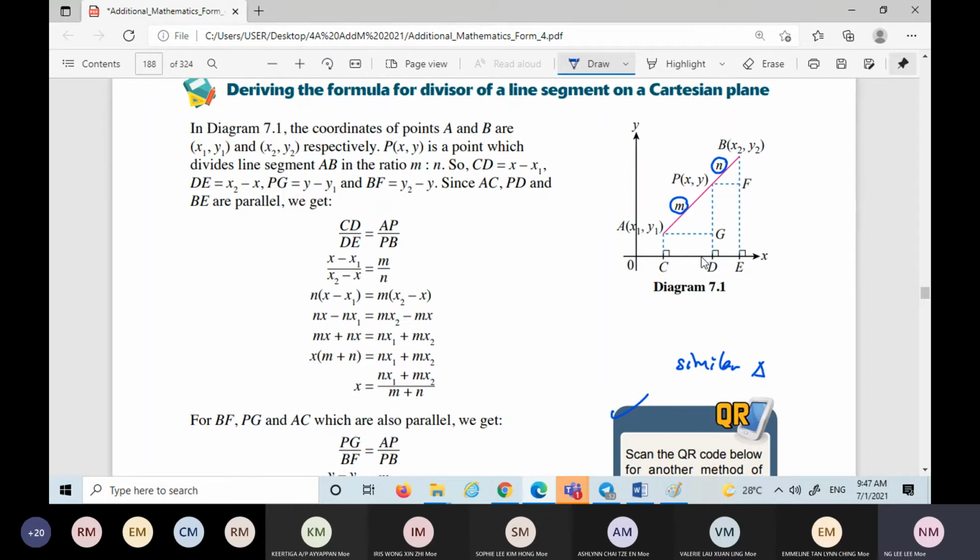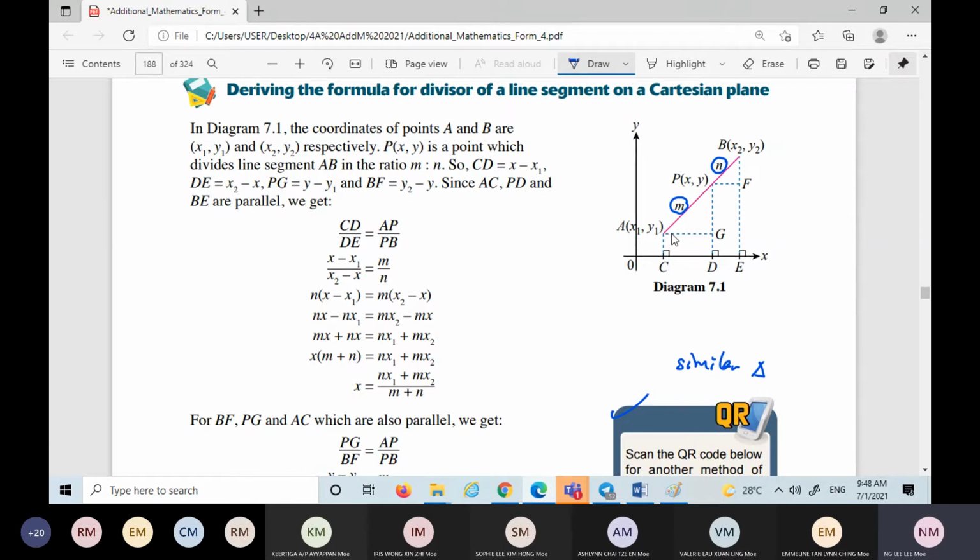Oh, this one also, I think, is similar triangle. It's not the gradient, sorry. This is not the gradient. They are parallel. Let me think. This is parallel, this is parallel. I think this is similar triangle they are using.